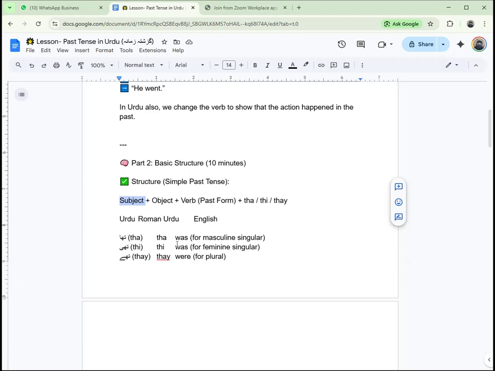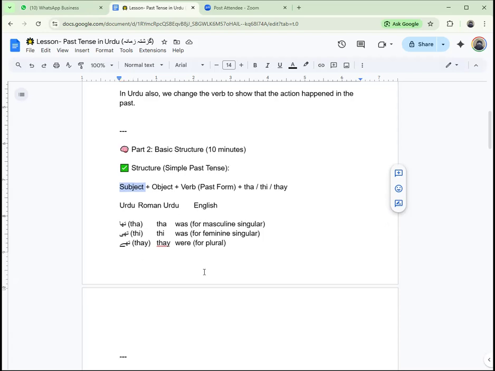Tha we translate in English as was, and tha is used for a masculine singular object. Thi we use for feminine singular, and the we use for plural.